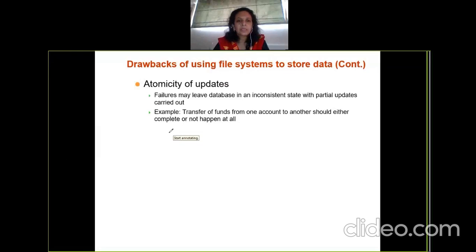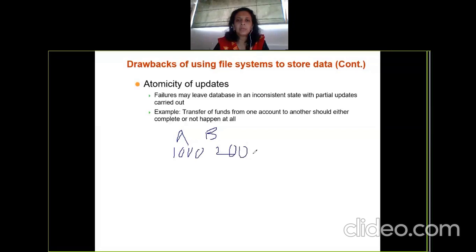Now see, I am giving you a simple example here. Suppose we consider account A and account B, with account A initially having 1000 rupees and account B initially 2000 rupees.